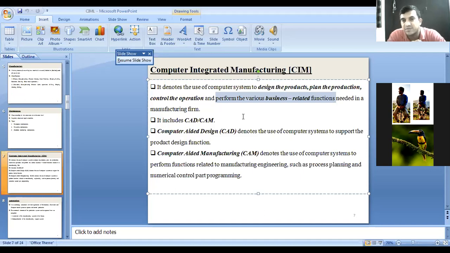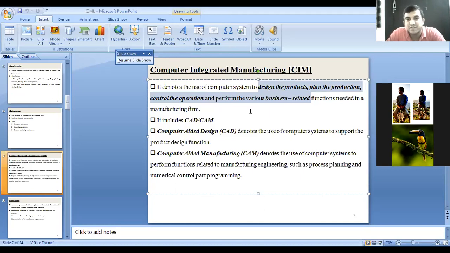In all these four actions, if we use a computer system, then we call it computer integrated manufacturing. It denotes the use of a computer system to design the product, plan the production, control the operation, and perform various business related functions needed in a manufacturing firm.